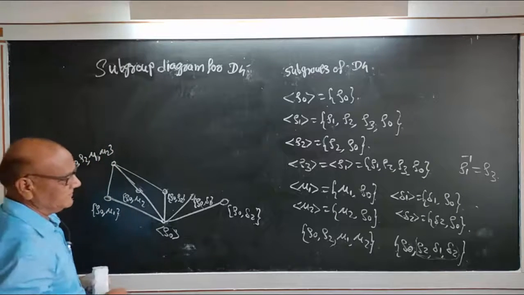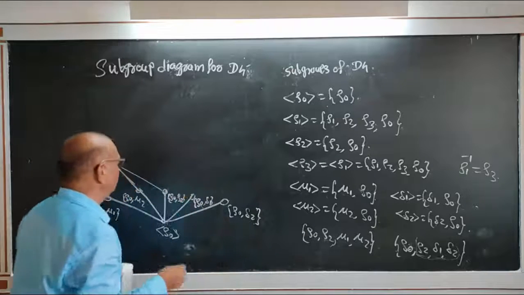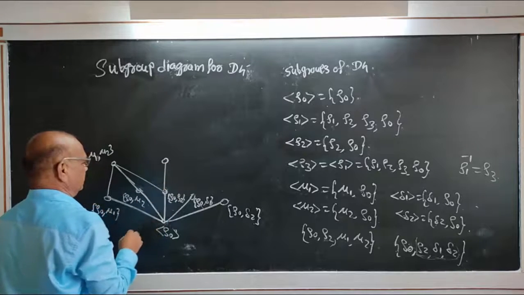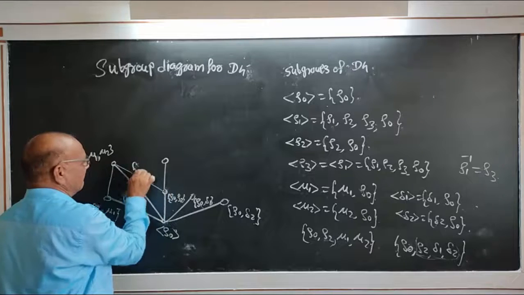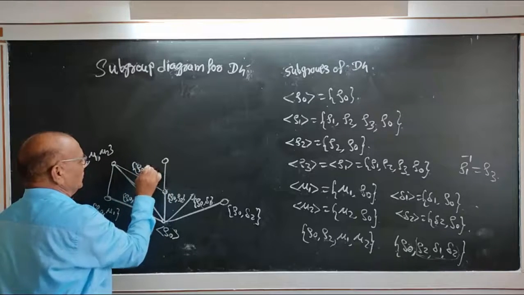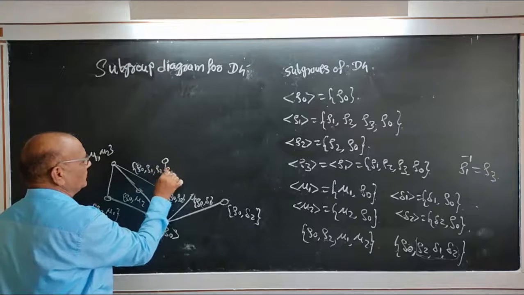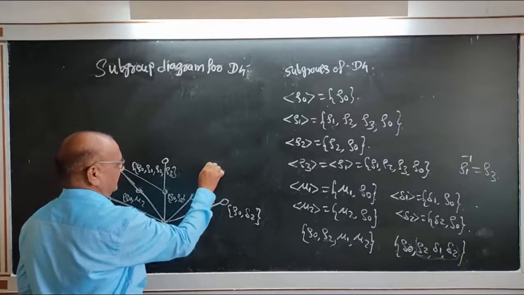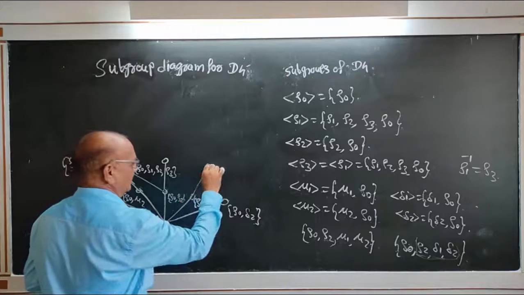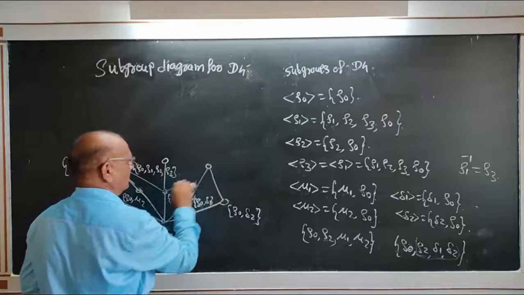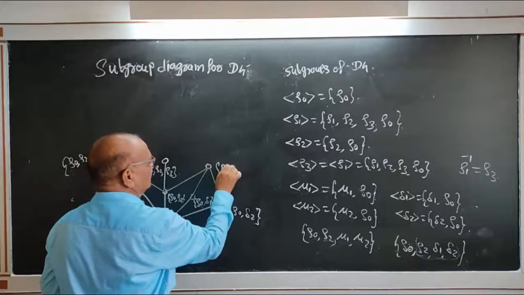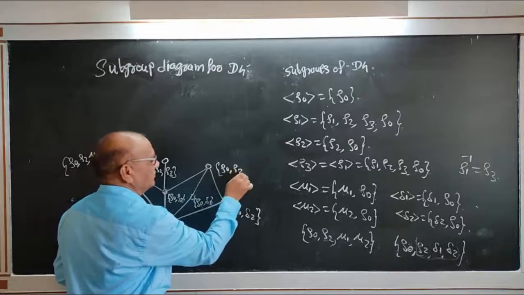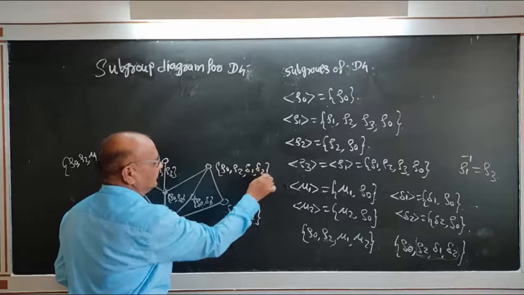This is row 0, this subgroup. Here row 0, row 1, row 2, row 3. Okay. This is row 0, then row 2, delta 1, delta 2.